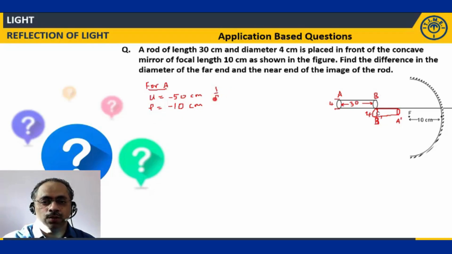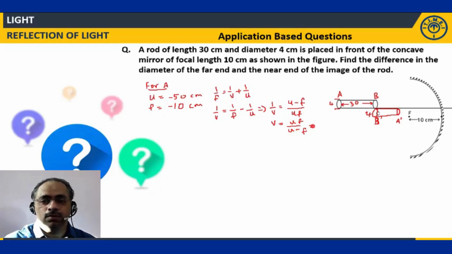So 1 by F is equal to 1 by V plus 1 by U. Okay, so I will get it as 1 by V is equal to 1 by F minus 1 by U. From this, I will get this as 1 by V is equal to U minus F divided by UF. So I'll get V is equal to UF divided by U minus F.